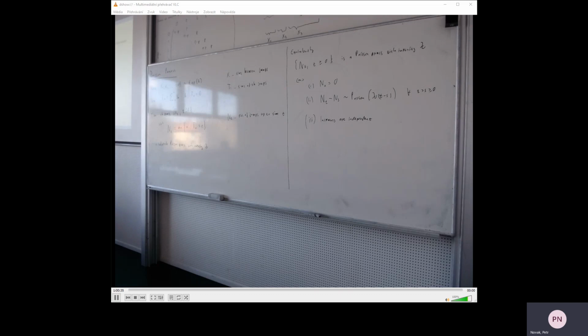For the Poisson process, the distribution at point t is Poisson with parameter lambda times t, and the expectation is, for the binomial process, the expected number of jumps until time n is the amount of time times the probability of jumping. For the Poisson process, the expected number of jumps until time t is the intensity times the length of how long it has been running. Okay?